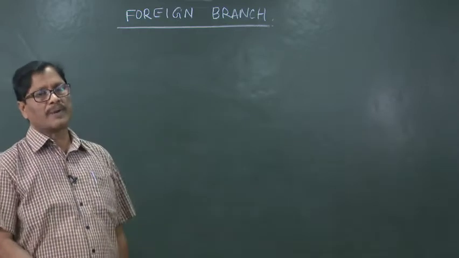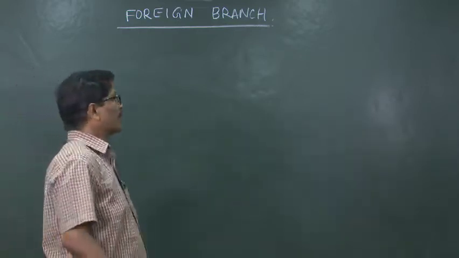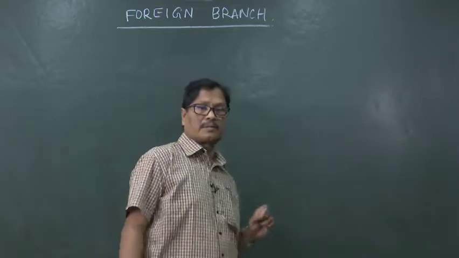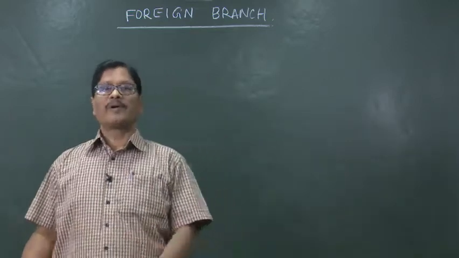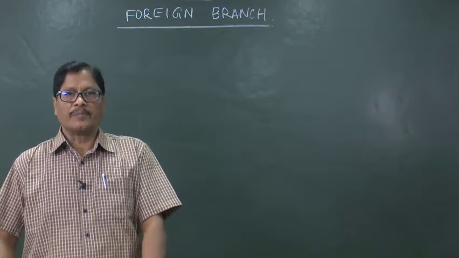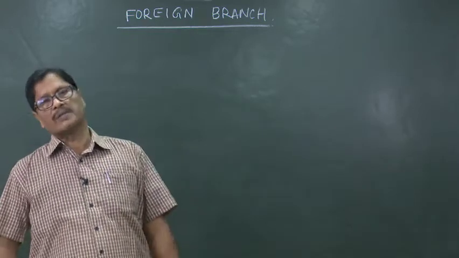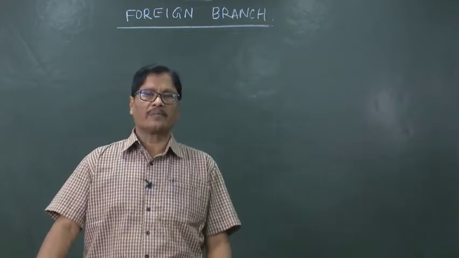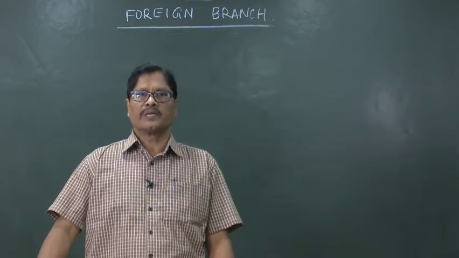In case of foreign branch, you should always remember that it is an independent branch. It cannot be a dependent branch. A foreign branch necessarily is an independent branch. So, all the methods which we have used for independent branches will also be used here.